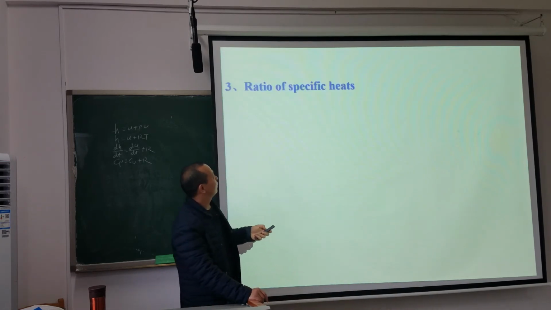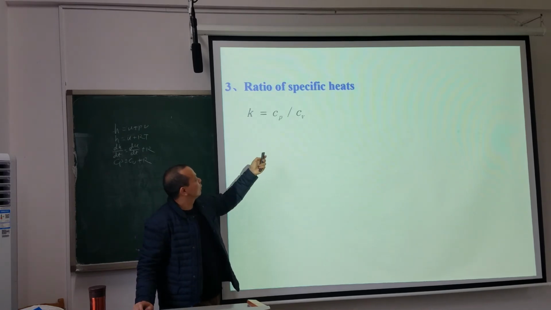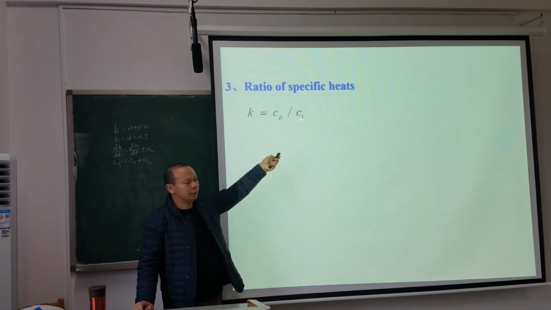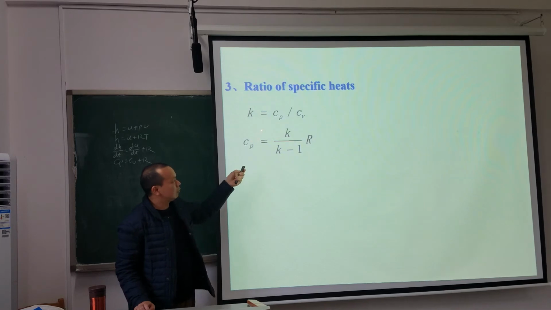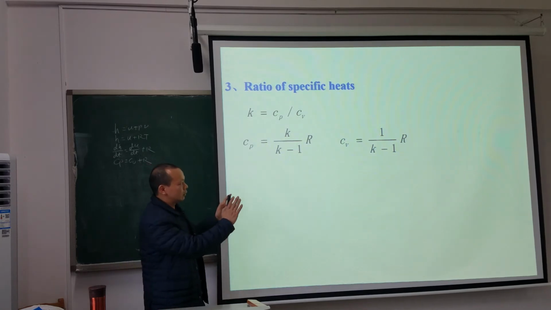So we need a ratio of specific heat. This is the definition. K is the ratio of specific heat. And now you can calculate the CP and the CV. Do you understand this one?